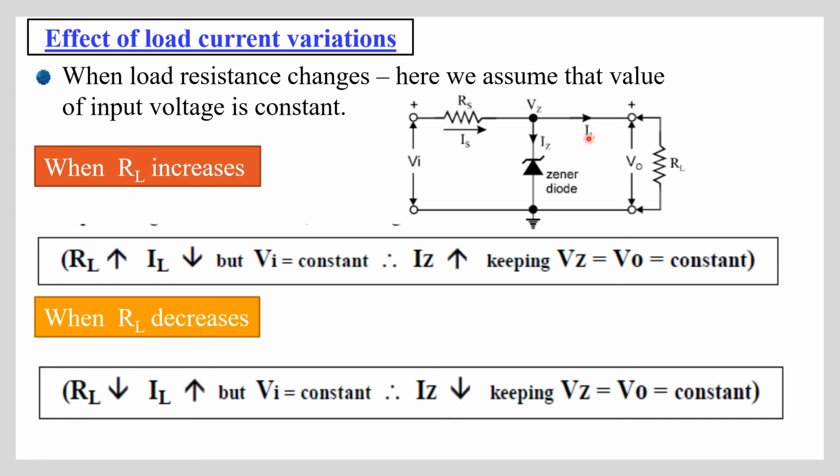Therefore, the drop across Rs is kept constant and Vo remains constant. So again, when there is a decrease in the load resistance, IL increases, but we keep the input voltage constant. So the voltage across Rs will remain constant by decreasing the current Iz across the Zener diode. So the output is kept constant. Therefore, the output voltage remains constant.